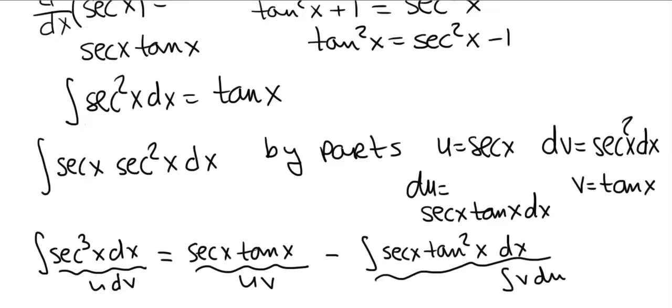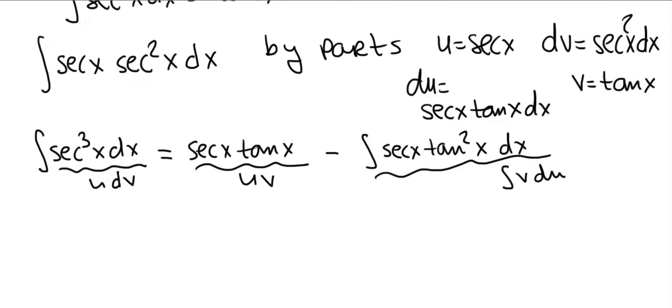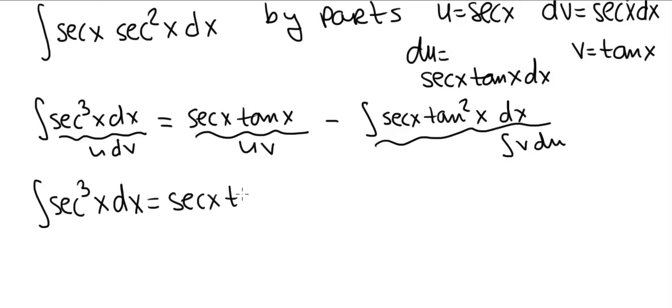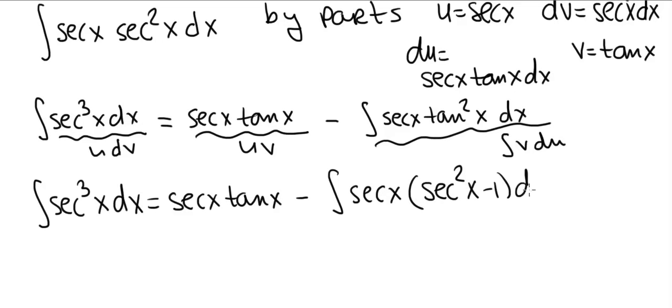Now the tangent squared will be replaced with its trigonometric identity. So I'm going to one more time write the left hand side. Secant cubed x is equal to secant x times tangent x minus the integral of secant x times tangent squared, which is secant squared x minus 1.